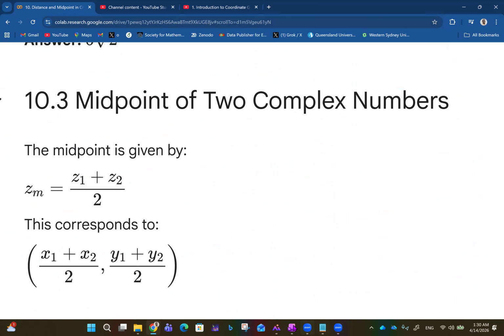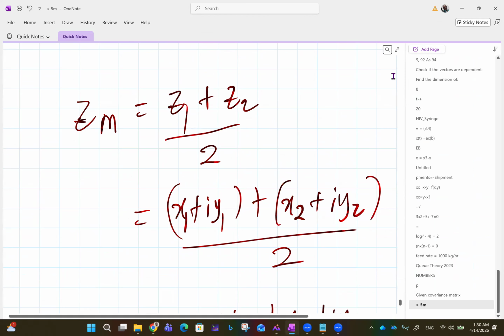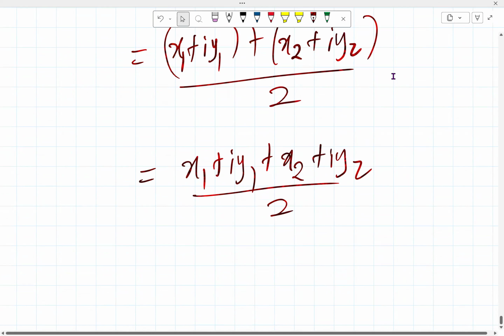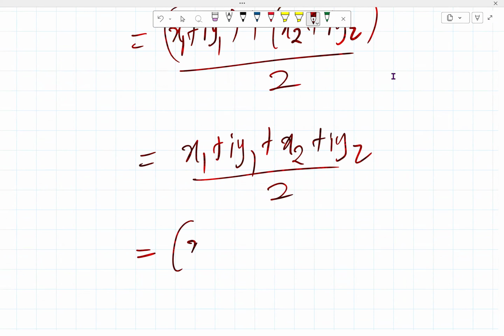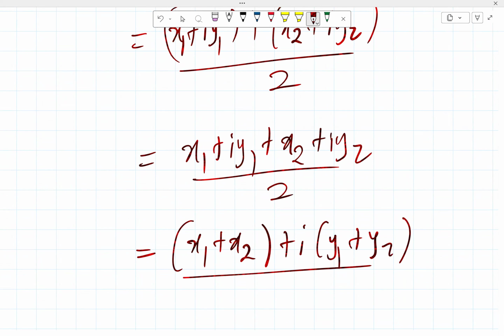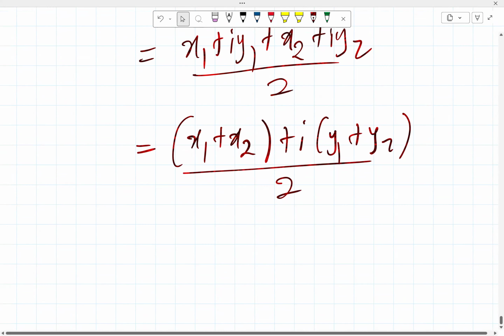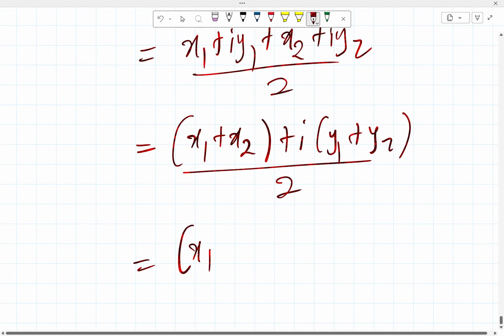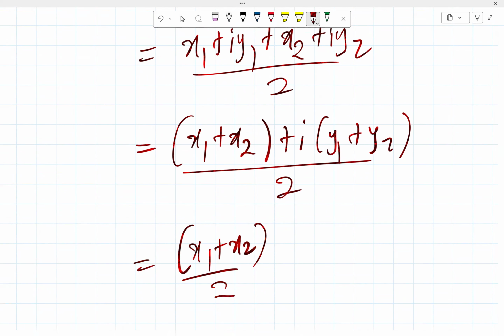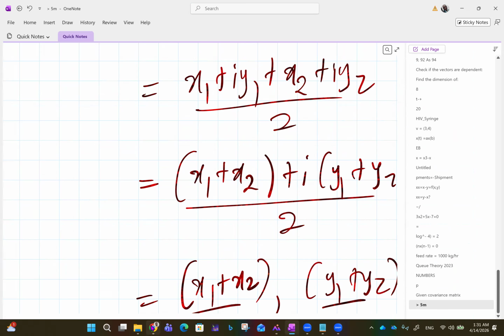We get the gist, right? So now we collect like terms: x1 plus x2 plus i times y1 plus y2, all over 2. And then we split it up. So we have x1 plus x2 all over 2, comma, y1 plus y2 all over 2. That gives us the midpoint. That's the idea of the midpoint.